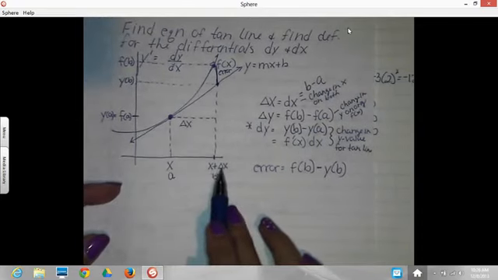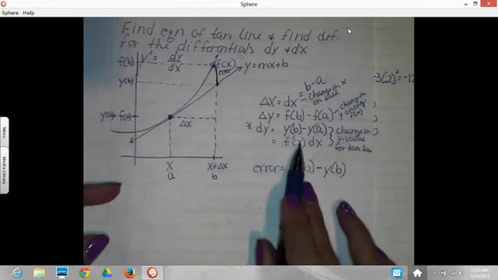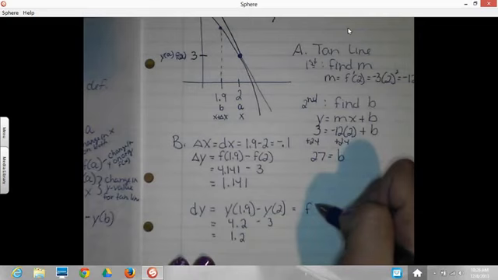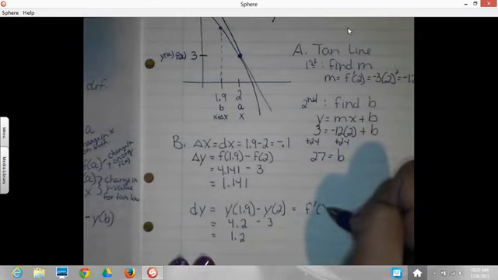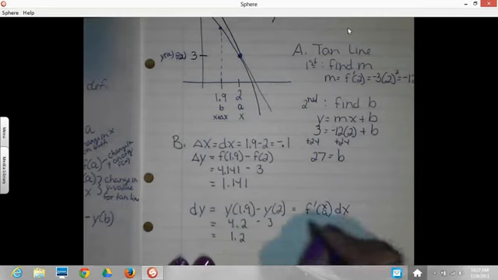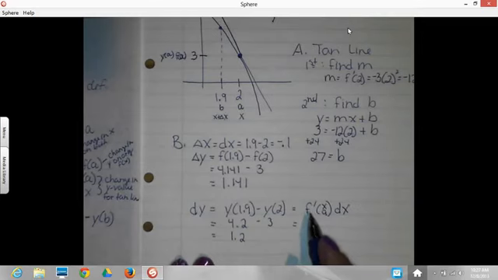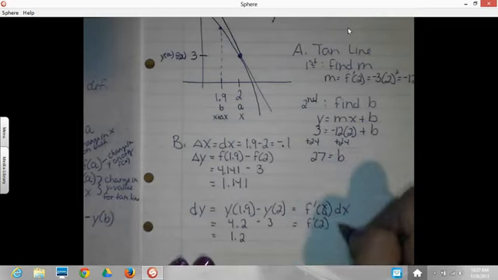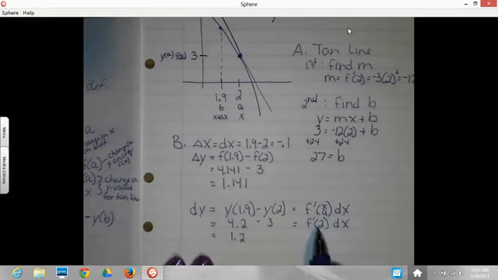So the other definition would be f prime of x, which is our a, times dx. Well, f prime of 2 just requires me to go back to the derivative equation.